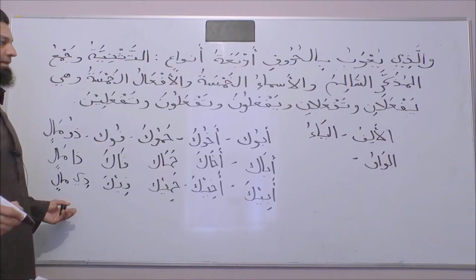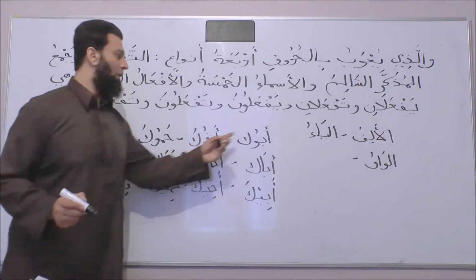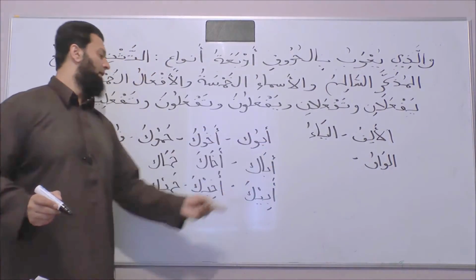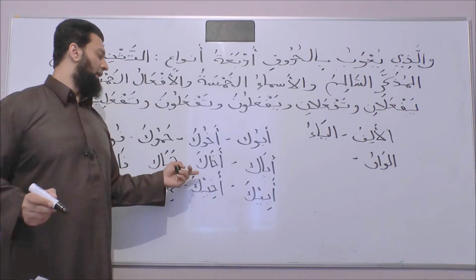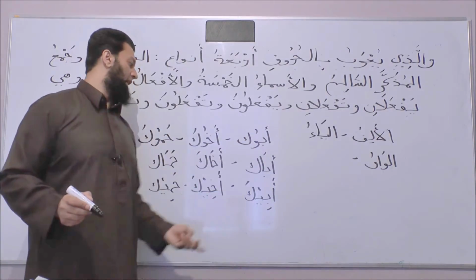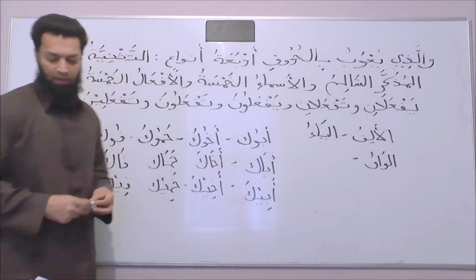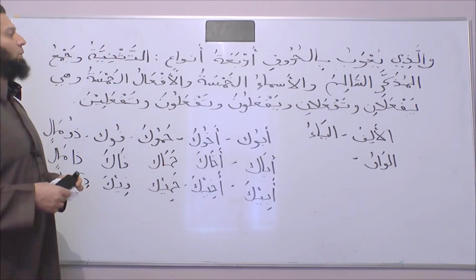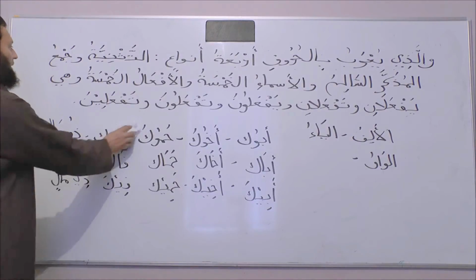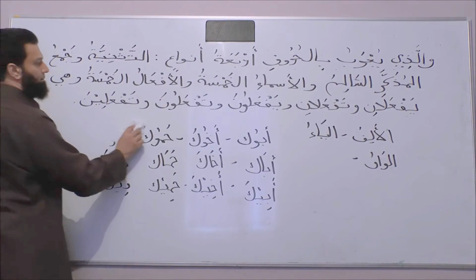Hasanan. Right, so the waw we've already got here, the alif is already here, and al-ya'u is already here. That is in relation to al-asma' al-khamsa.